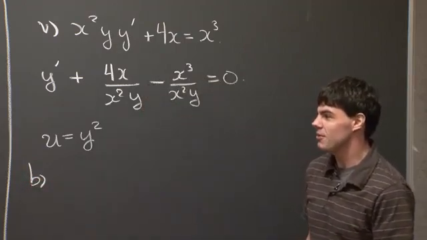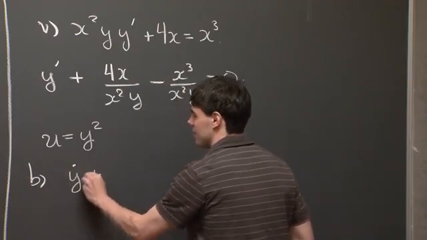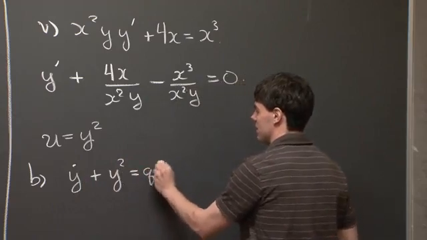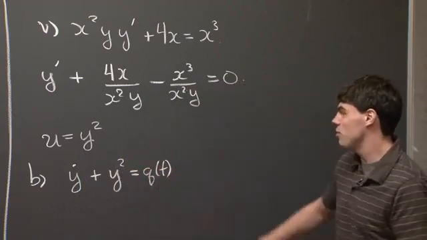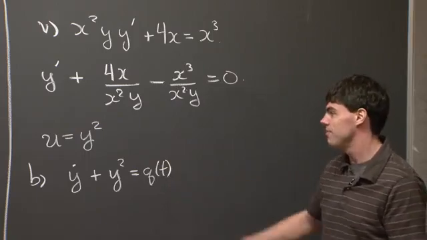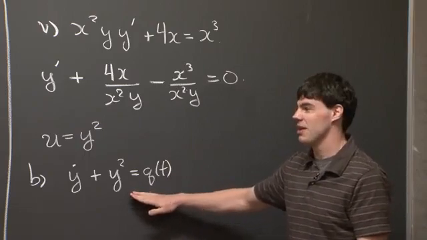So for part B, we're given a differential equation y dot plus y squared is equal to q of t. And we want to show that this equation doesn't satisfy the superposition principle. Now, you might note that this equation is not linear.